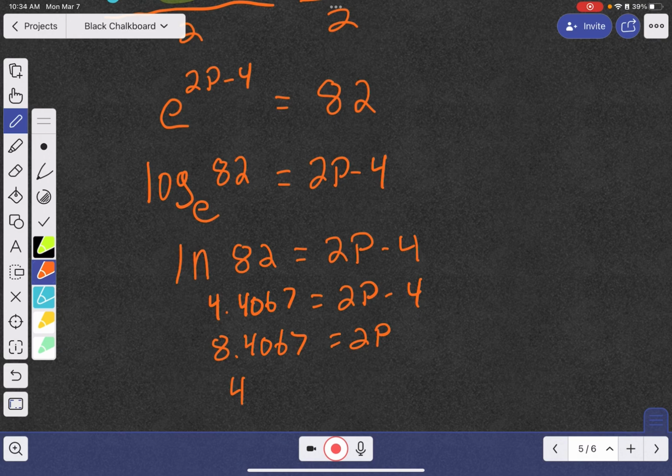Hit ln of 82 on my calculator. ln on your calculator, so you got your calculator out?